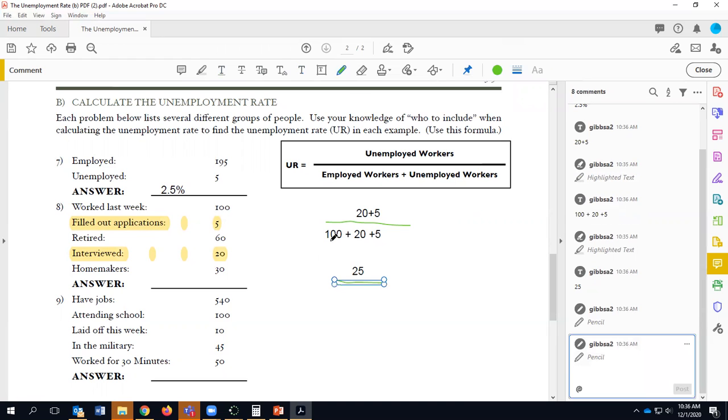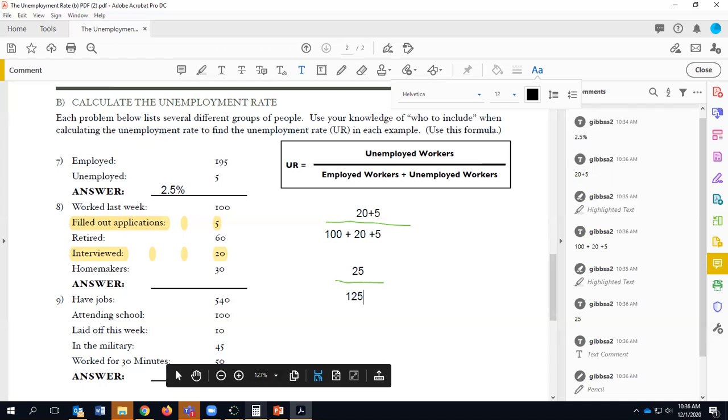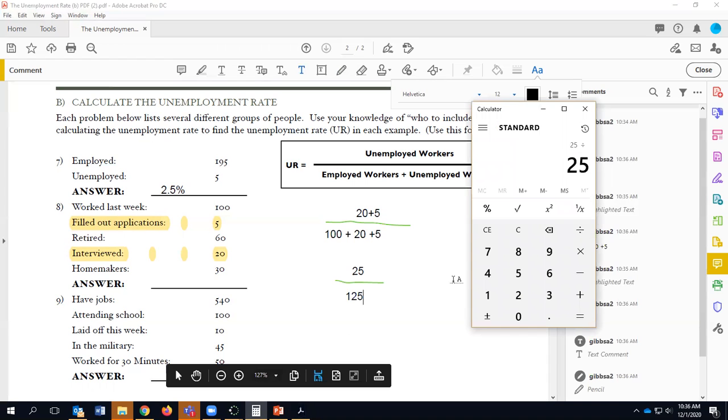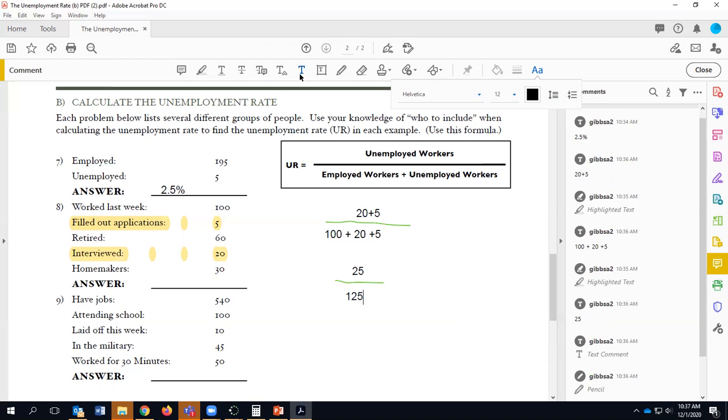And then 100 plus 20 plus 5 is 125. So 25 divided by 125 is 0.2. So that's 20%, because you remember you move the decimal over twice. So your response here is going to be 20%.